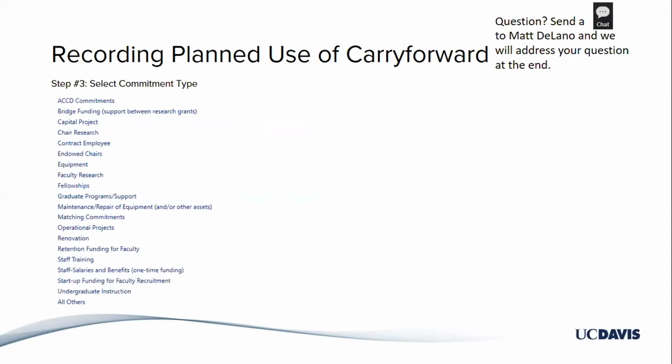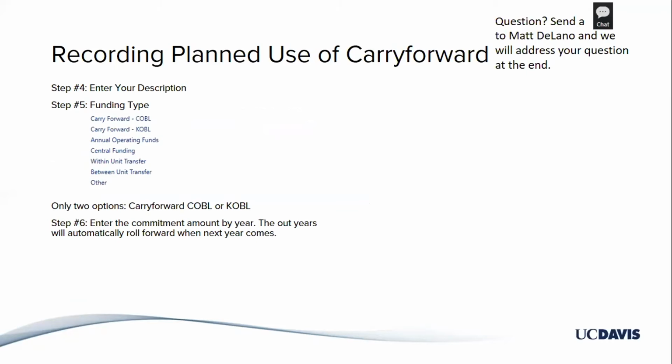Then next, the commitment type is the same as for commitments. They're just descriptor fields, and if it really doesn't fit into any one of those categories, there's the lovely All Others as the catch-all. Then again, you have your description field where you can put in whatever you want. And then in step 5, again, you have to pick and choose what you want.